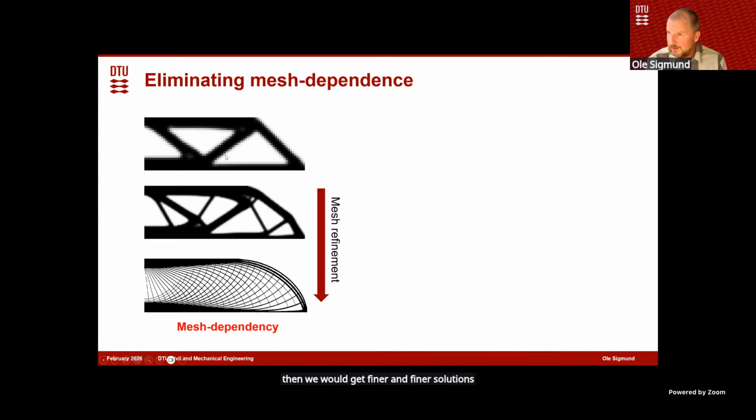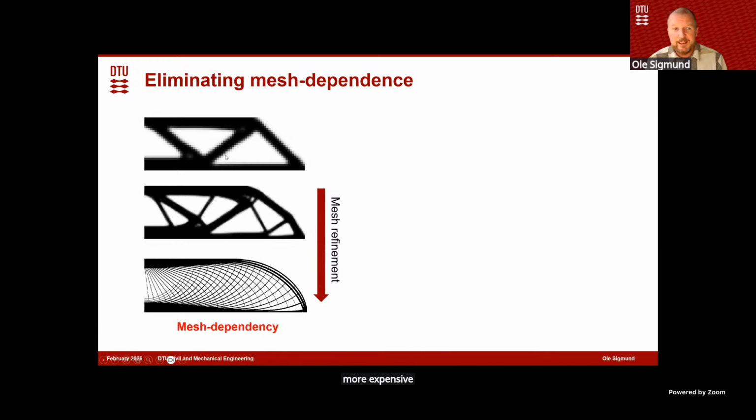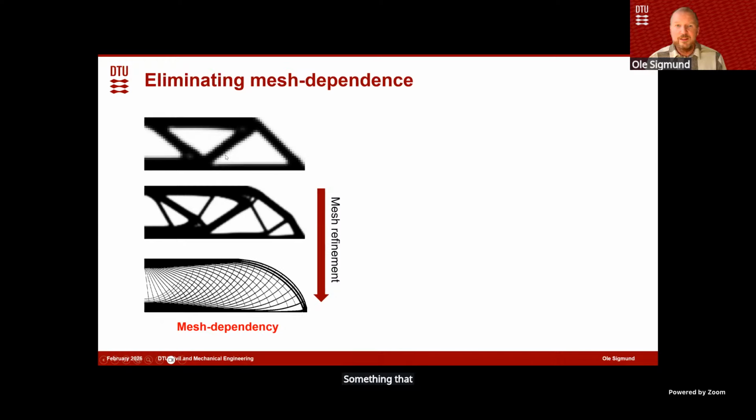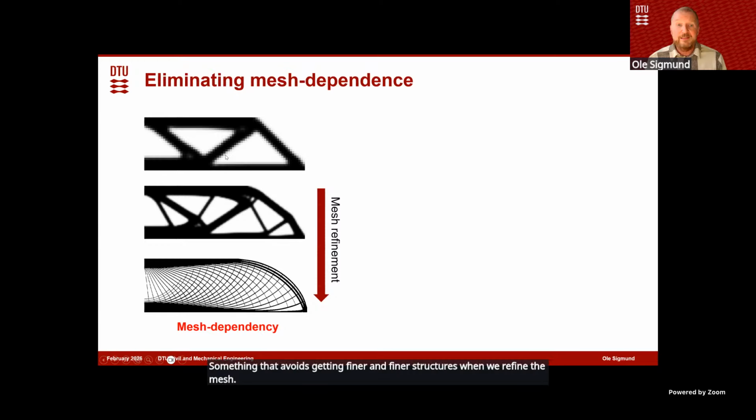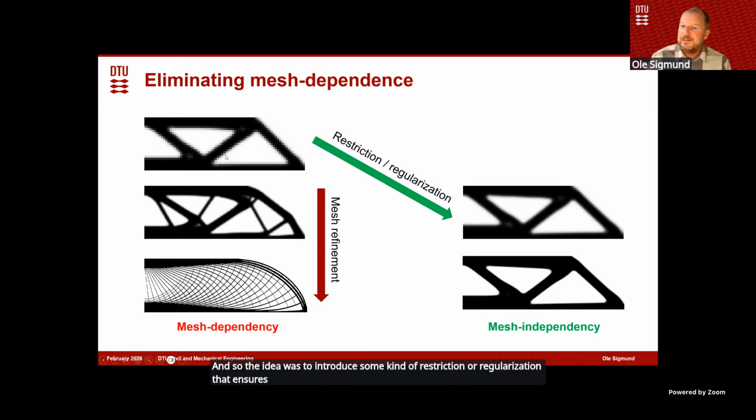They are also better solutions, but they could also be more expensive to fabricate. And we would also like to have an accurate finite element analysis. So somehow we wanted to introduce something that avoids getting finer and finer structures when we refine the mesh. And so the idea was to introduce some kind of restriction or regularization that ensures a certain length scale.